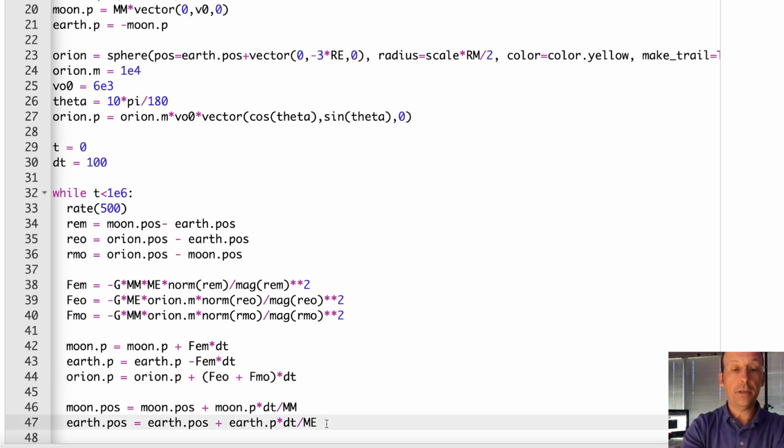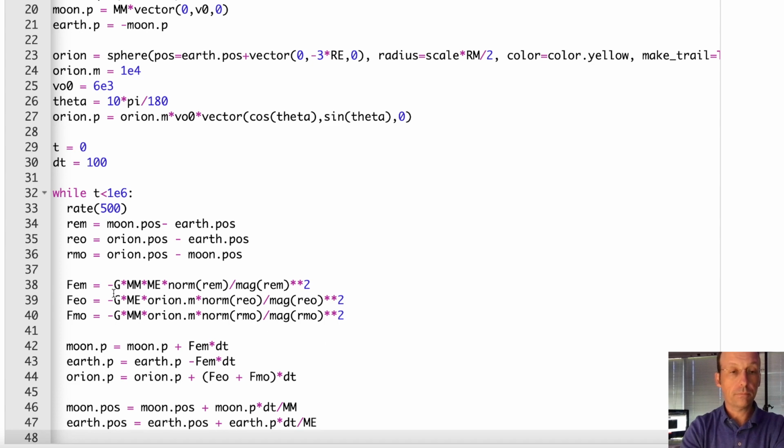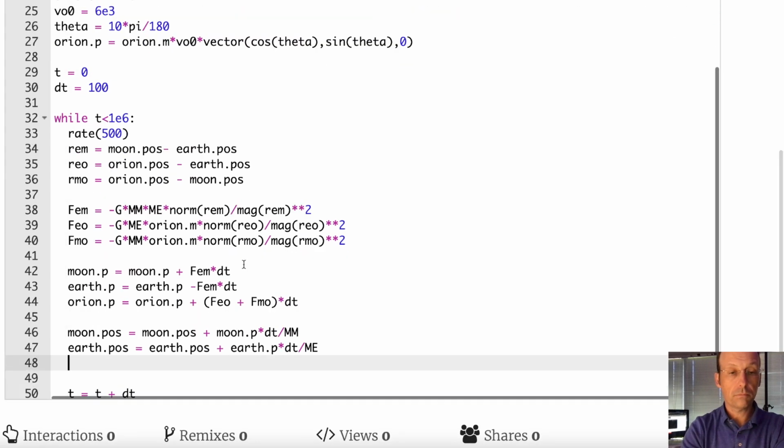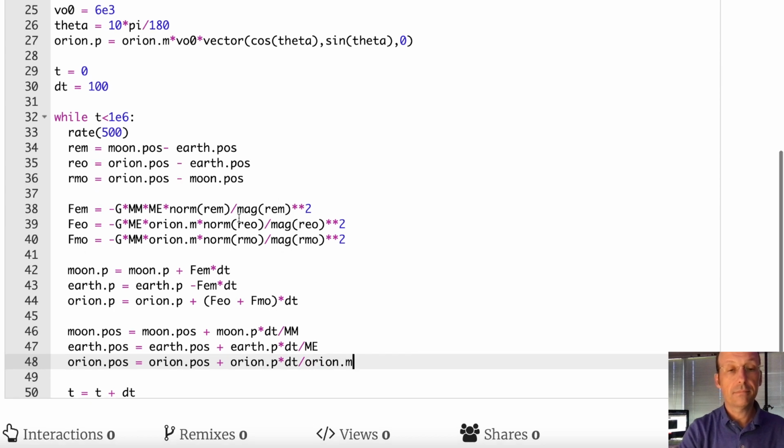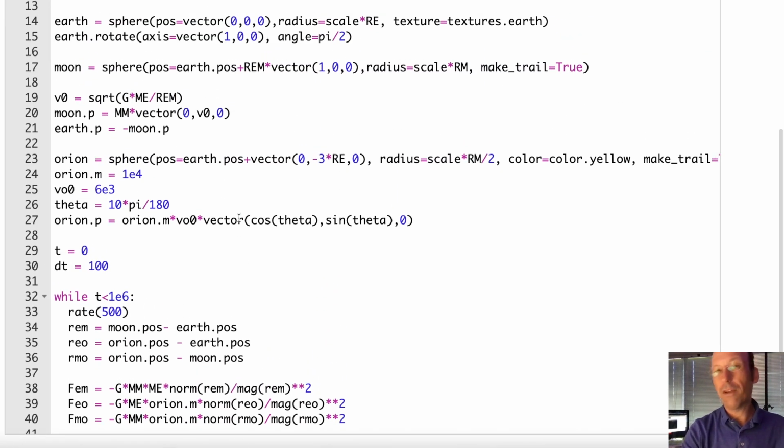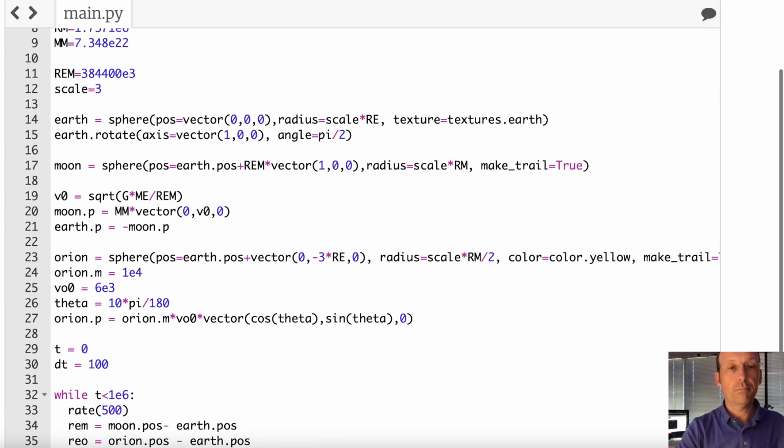Now I can update the position. Orion.pos equals Orion.pos plus Orion.p times dt divided by Orion.m. And that's it. Is that really it? Will that really work? Let's just see.